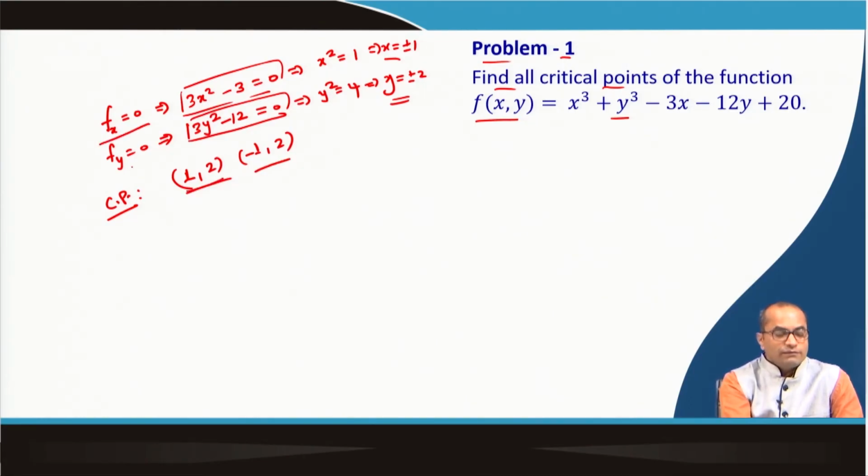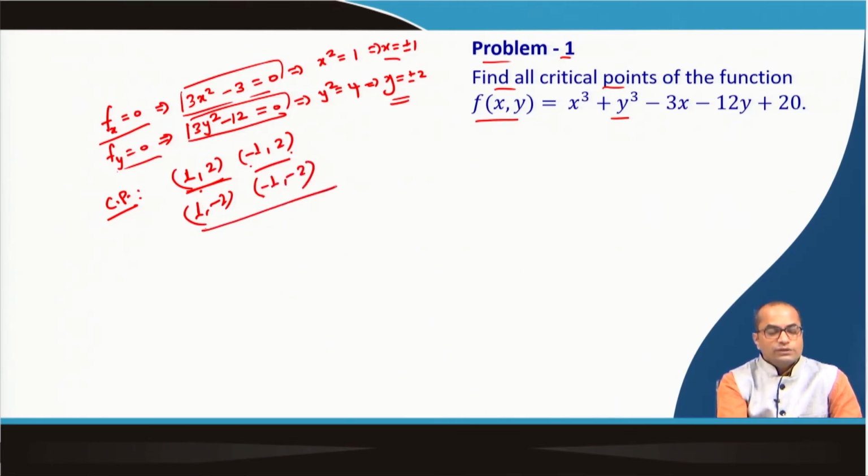Minus 1, 2 also both will be 0, and then we can take 1 and minus 2, here also both derivatives will be 0, and minus 1 and minus 2, here also both derivatives will be 0. So all those points where both the derivatives are 0 are called the critical points.